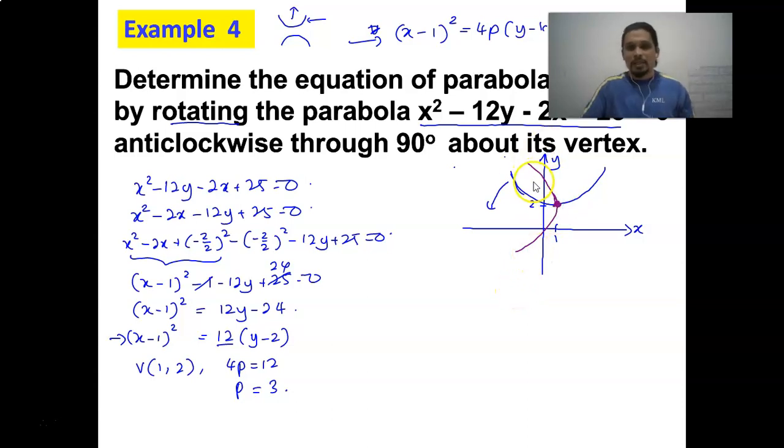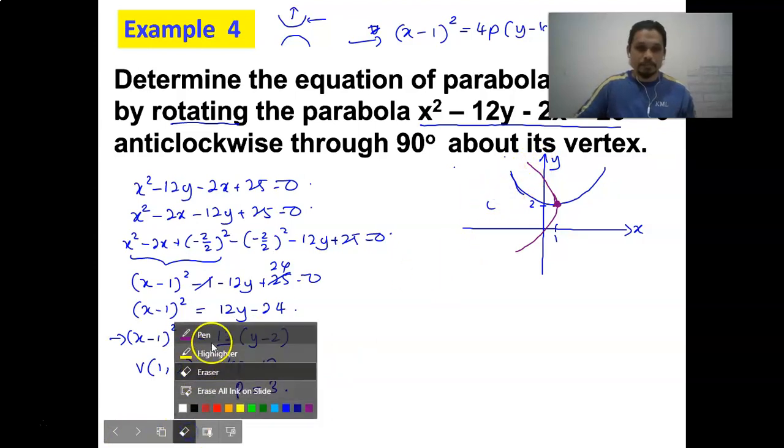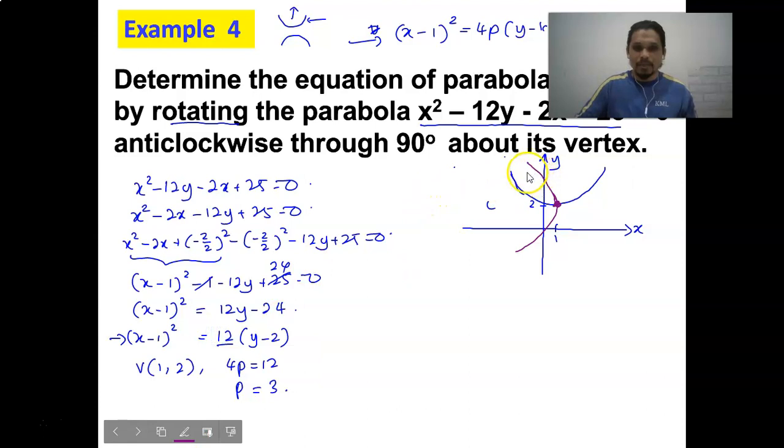So now from this graph, which is facing upward, rotate 90 degrees anti-clockwise, then the graph will be facing to the left.